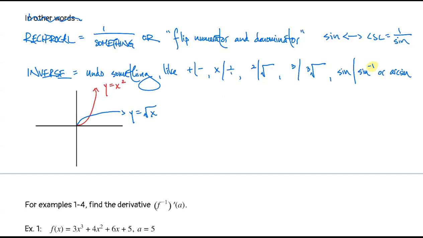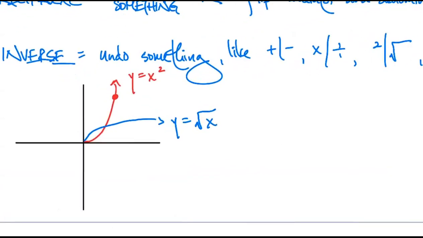Now, let's start with the red curve for a moment. And let's say I put 2 into this equation. What y value comes out? 4, okay. If I switch my x and y values, what will I get?